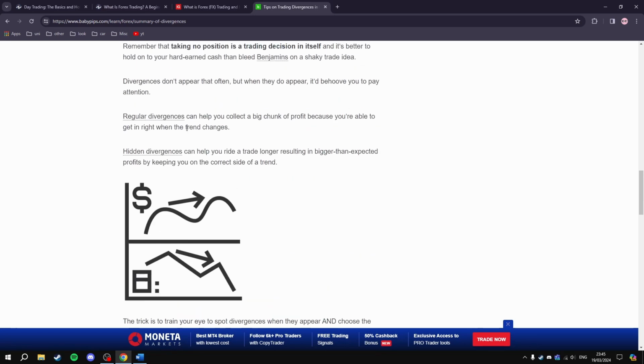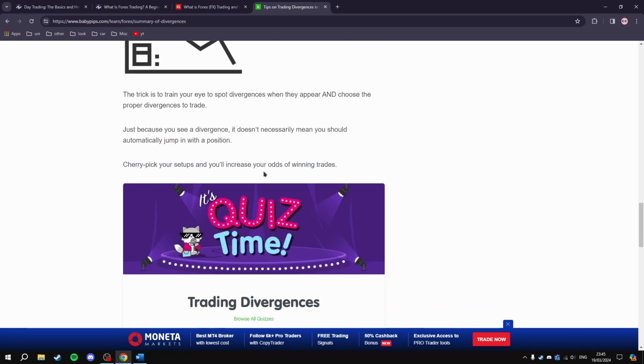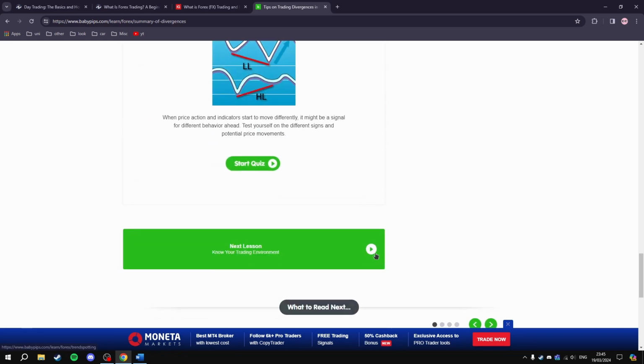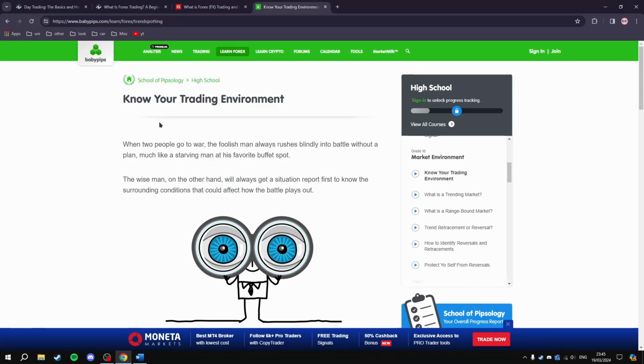Yeah, and regular divergences help you collect a big chunk of profit, and hidden divergences can help you ride a trade longer. And then we did the quiz, and now we are on to know your trading environment.